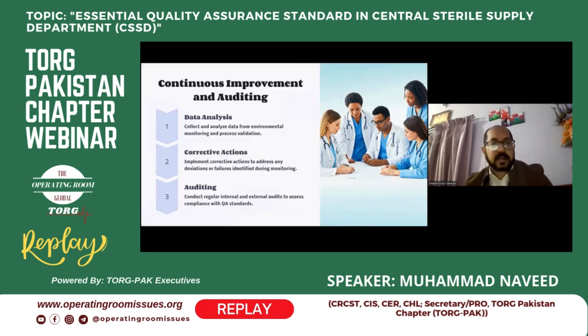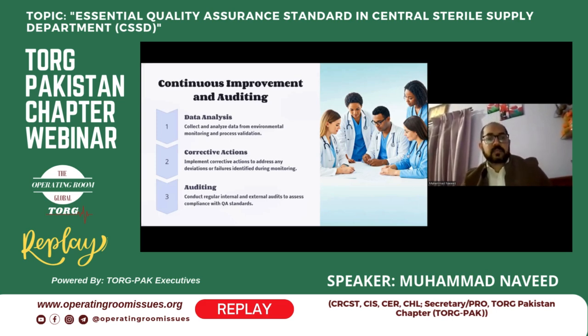The third one is auditing. Auditing is the most important thing in our system. If we are not auditing and have not documented anything, but we are doing quality assurance standards and telling people our department is state of the art, it is totally worthless.